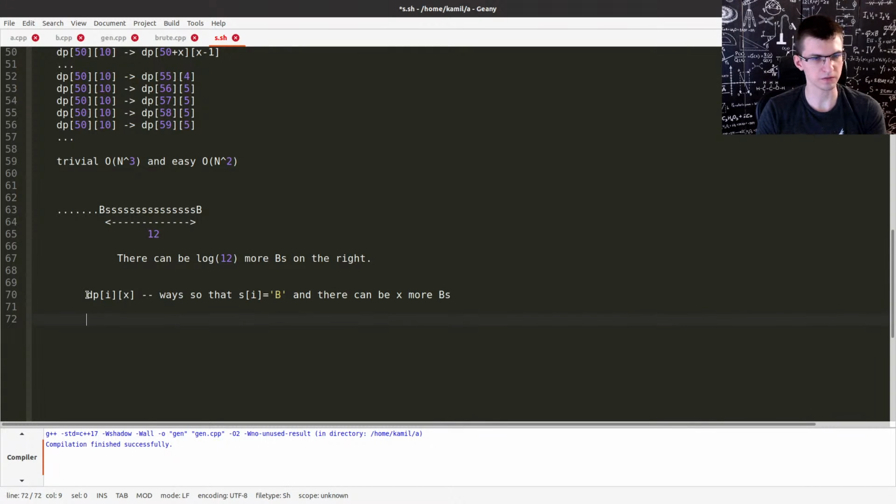It seems better to move from the right. Ways to fill the suffix so that s of i is b, and there are x b's.